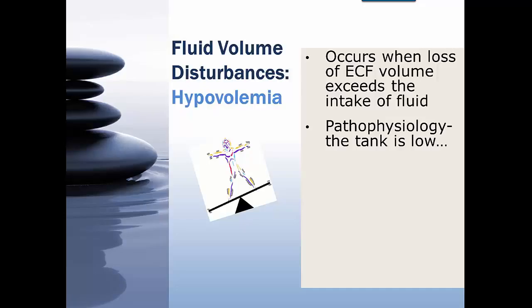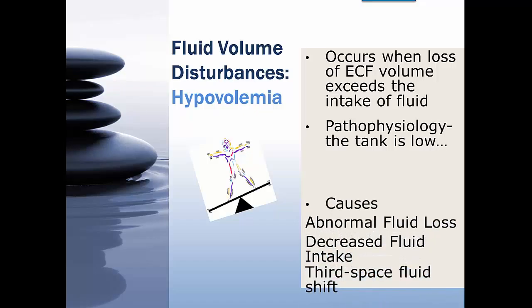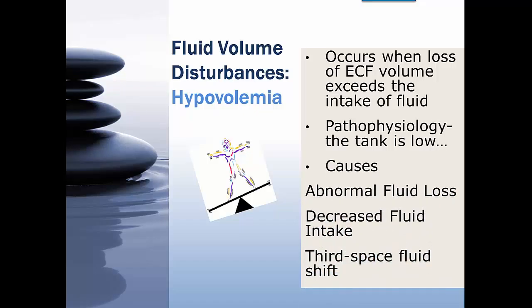That occurs in burns or in another circumstance of ascites, when the liver function is poor and the fluid escapes into the abdominal area. So again, the causes being abnormal fluid loss, decreased fluid intake, and third spacing of fluids.